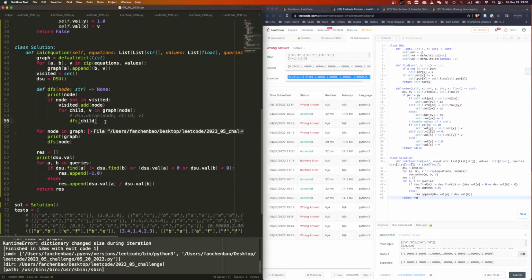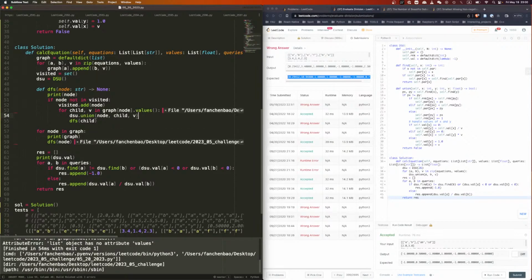What did I do wrong? I cannot do this? Oh, this is not right. Values. Wait, no, that's not values. Graph node is already a list.